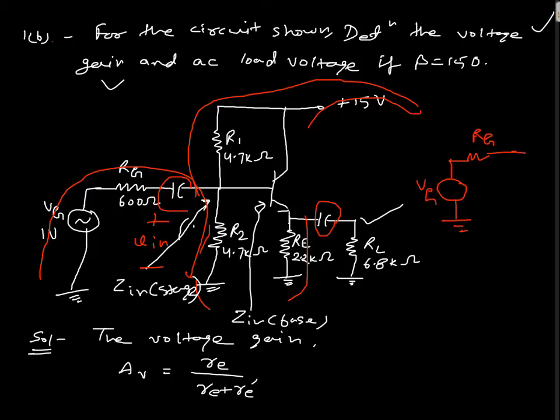So the capacitor will not be here, it is shorted, and here this will be Z in of stage. Okay, so here I can write, by using the voltage division rule, that V in, which is across Z in stage, will be Vg into Z in stage divided by Rg plus Z in stage.